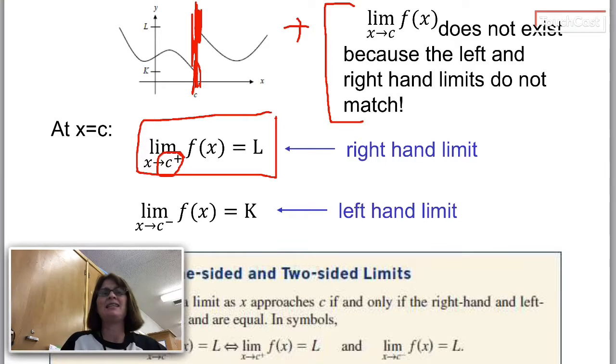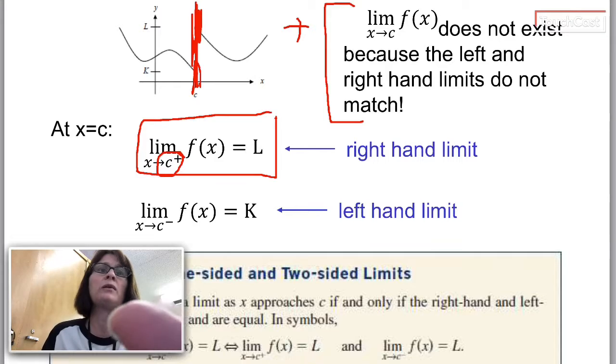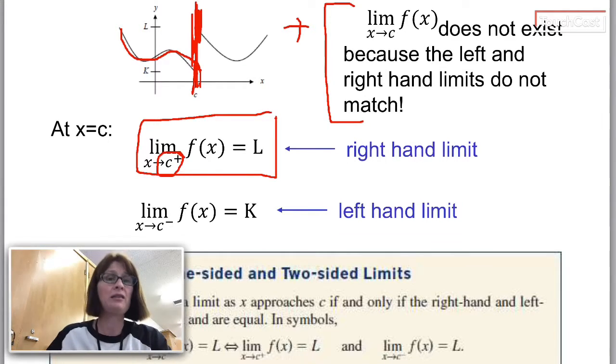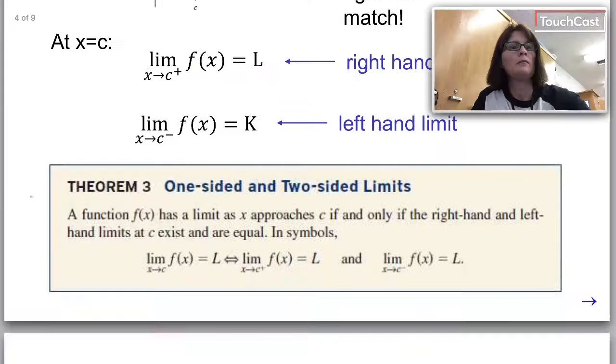This other limit, I would say the limit as x approaches c from the left of f of x. What y value was I headed to if I come along the function from the left? I was headed to there, which is labeled k. So the limit as x approaches c from the left of f of x is k.